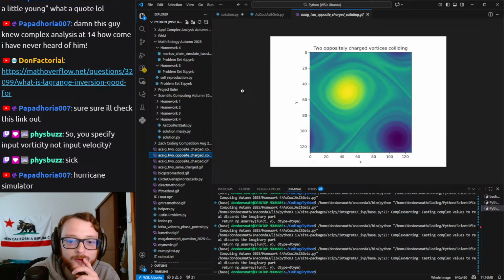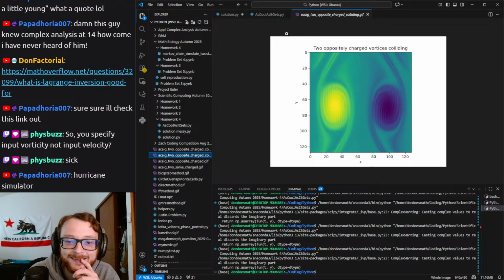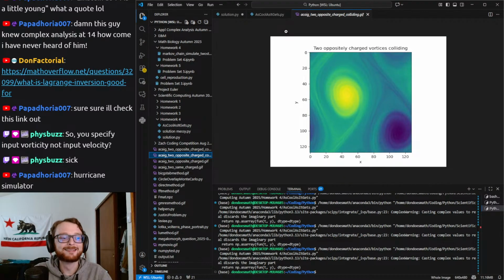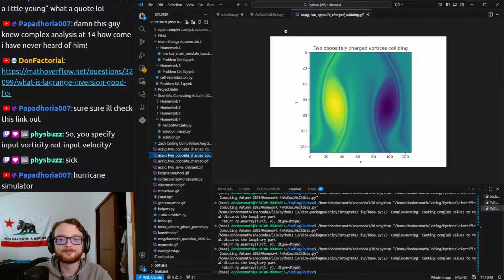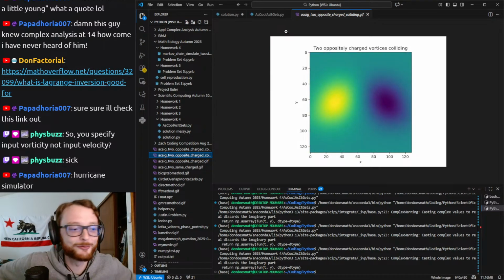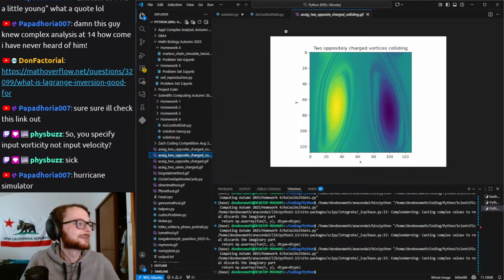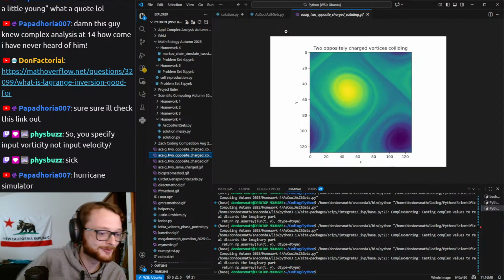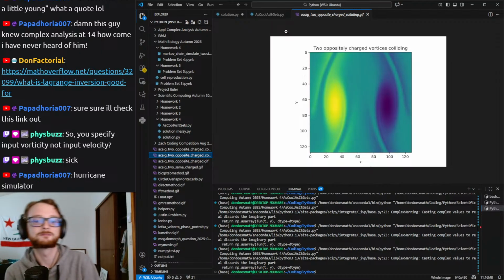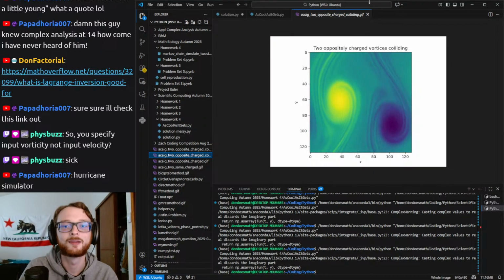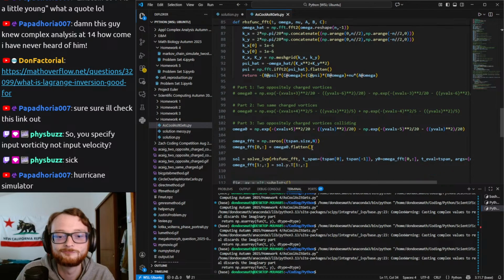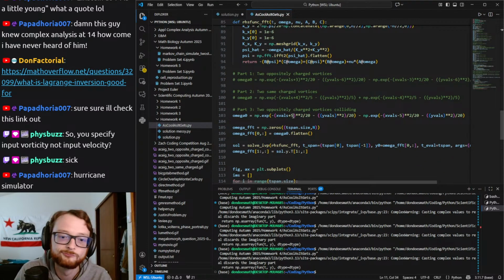No! Touch each other. Huh. Dude, the music right now actually kind of goes well with this visualization. I don't know.